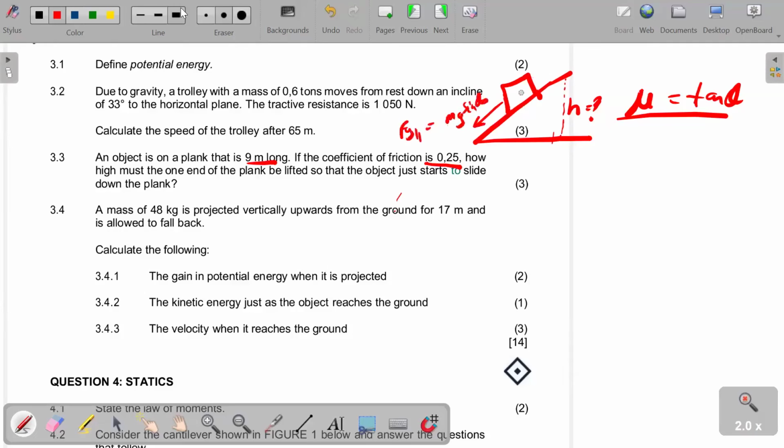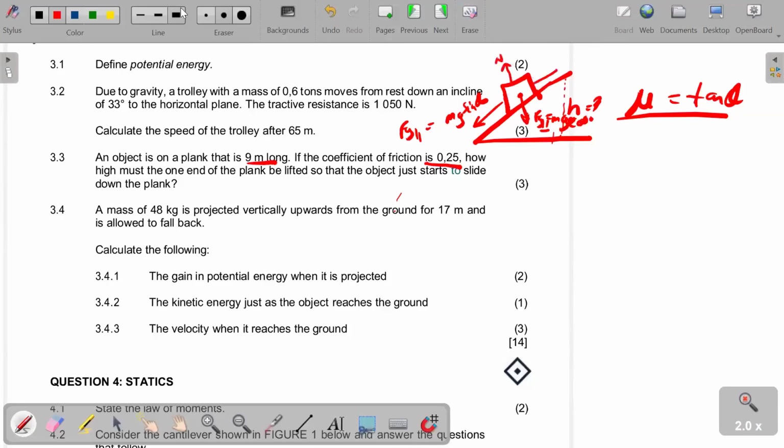Then we have the perpendicular gravitational force, which is given by mg cos theta. We have the normal force acting up.